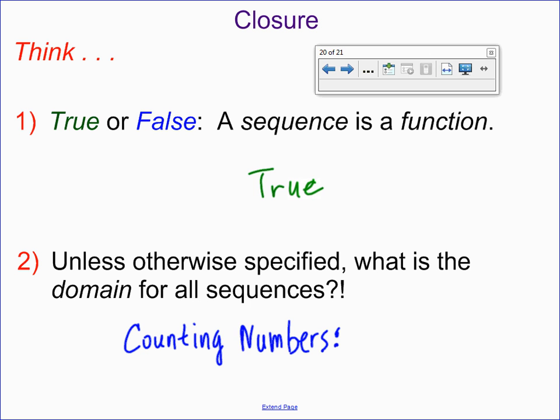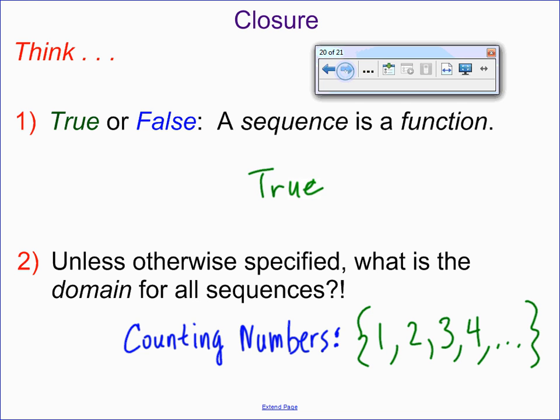So the counting numbers include positive integers, 1, 2, 3, 4, forever. So there are an infinite number of members in most sequences, and their domain is the natural numbers or the counting numbers. You guys are awesome, and look, we're 1 minute ahead of schedule.